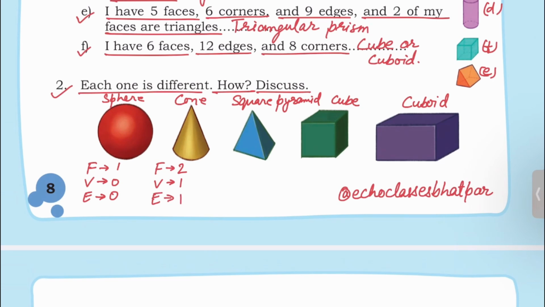For square pyramid, number of faces 5, vertices 5 and edges 8.